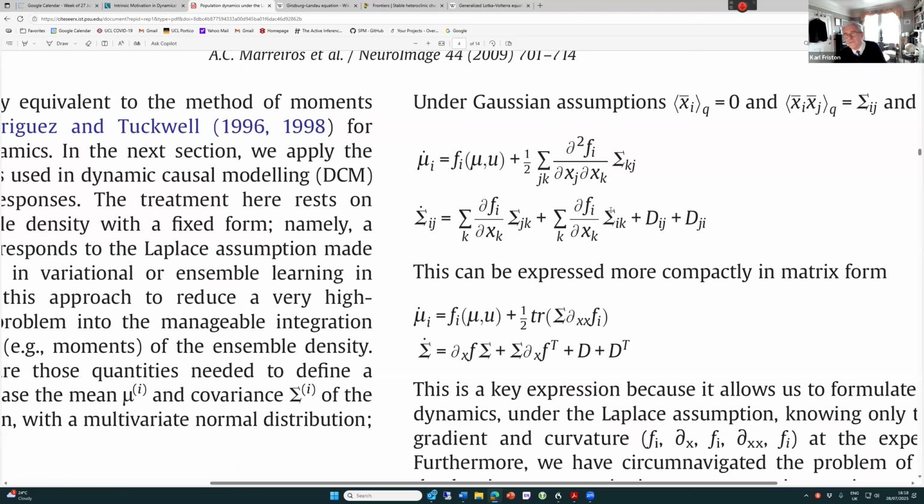So if you know your Fs, which you do, and you know the amount of diffusion you want to put into your system, which you do, you can simply couple them together. And in principle, you should be able to build your ring attractors with diffusion. Now, whether they'll have a steady state solution or not, I don't know. But at least for a period of time, you can integrate numerically by projecting the Fokker-Planck density onto basis functions. And just to come back to Andreas's question, what one is doing then is taking a polynomial expansion of the probability density.